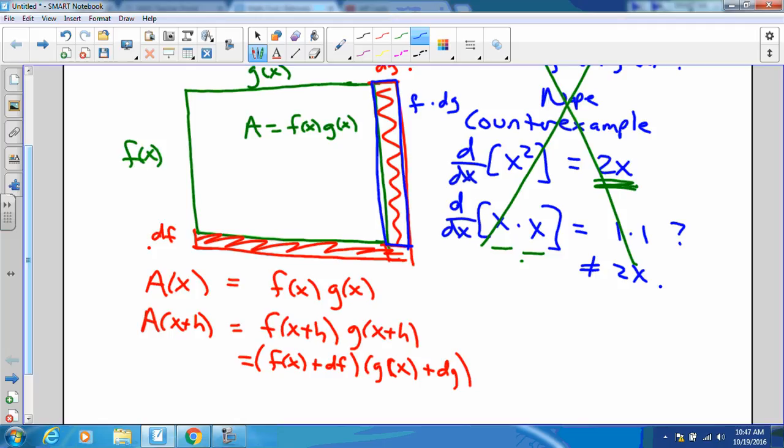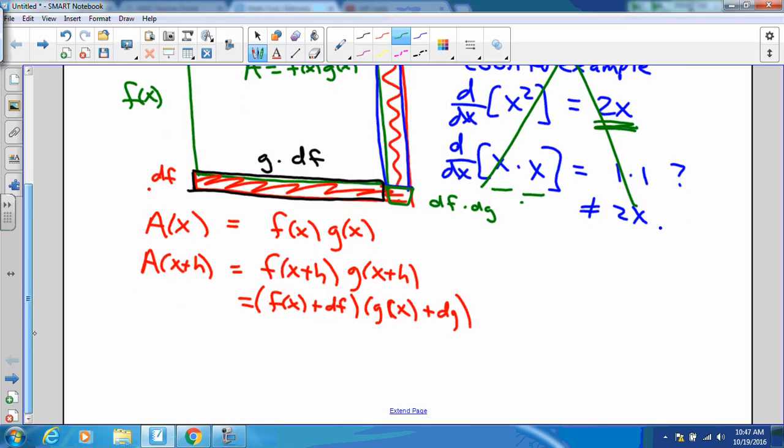So the area of this little piece right here is f times dg. Meanwhile, the area of this piece right here is g times df. And finally, the area of the little corner down over here, which nobody really cares about much, is df times dg.